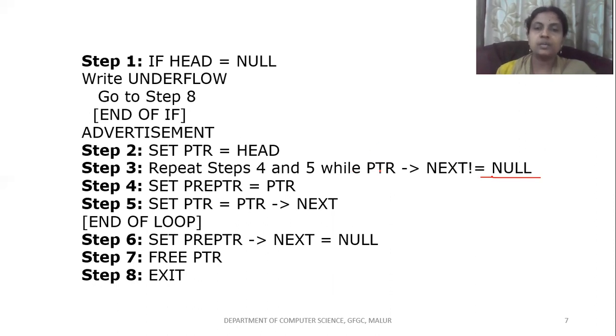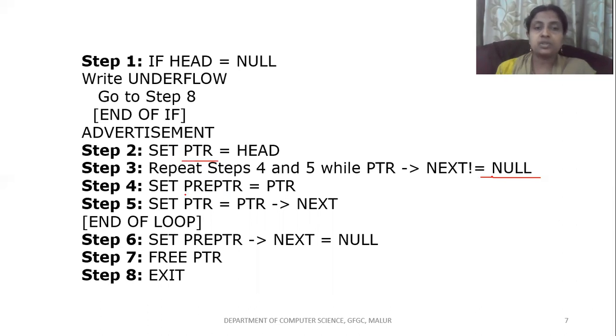So until PTR of next is not equal to null, until every value is there, you need to check whether the address part of the node is null. Until you reach that, every time you need to repeat the step and set pre-PTR. So the variable that stores the current position is named PTR.